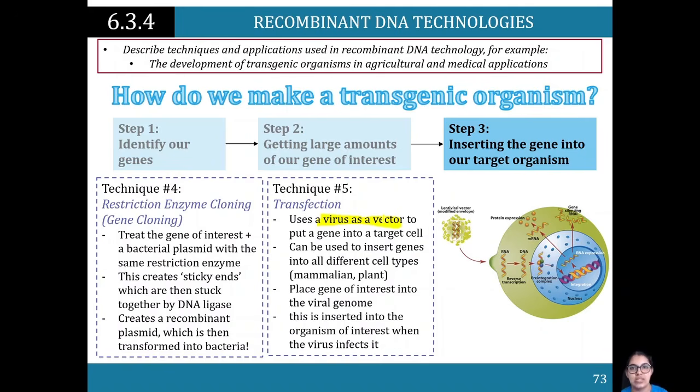It's going to basically force the target cell to make the proteins of that specific gene that we wanted to make, because that's what viruses do. But this time, instead of having the viral proteins in there, we're going to have the genes that we want.